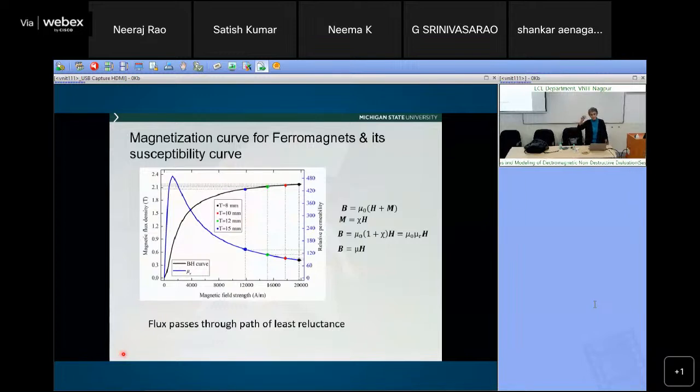So when the flux density is large, mu is small, and reluctance becomes large. These are the things that you keep in mind.